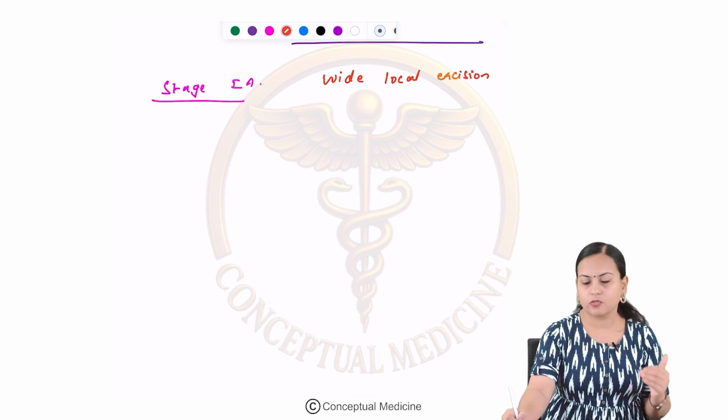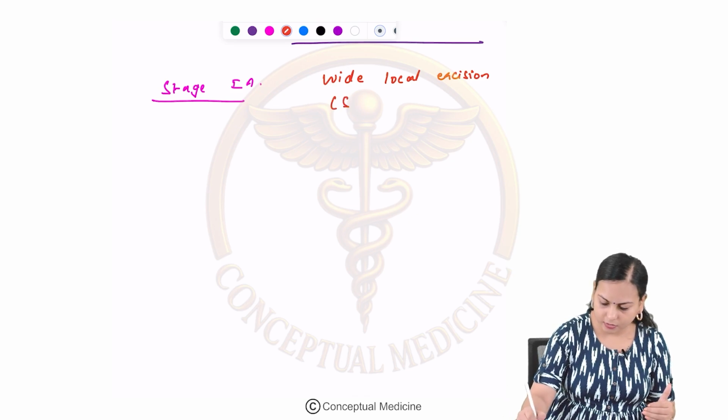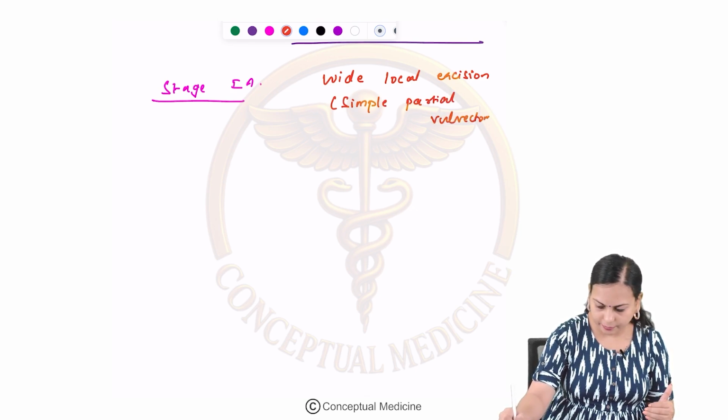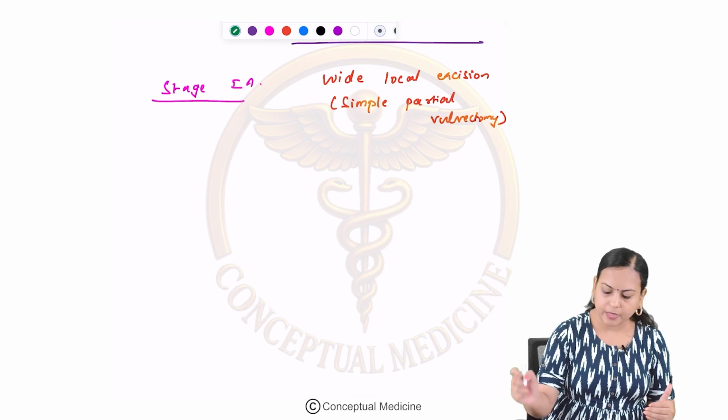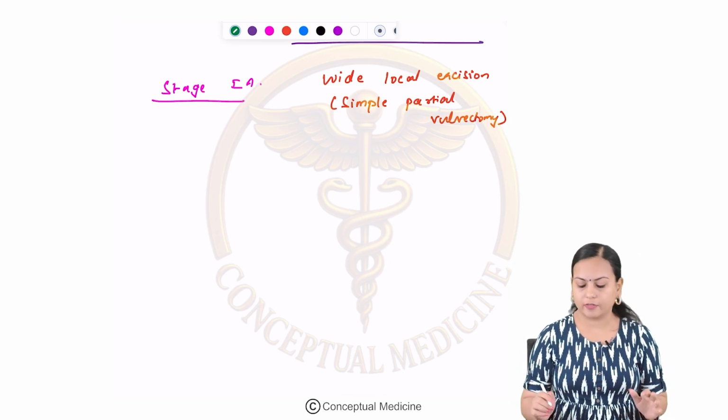Because there is no lymph node involvement, you don't need lymphadenectomy. Sometimes you can even offer a simple partial vulvectomy. Okay, but anyhow, wide local excision is more than enough, right?